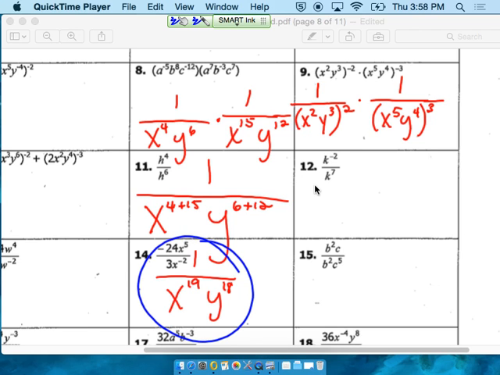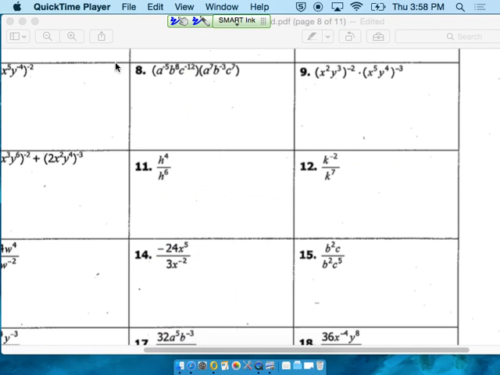I think I'm going to do that same problem over again in a different way. So this is number 9. So that's one option for number 9. Let me give you another option for number 9. You could also multiply through by the negative number first. So you could have x to the negative 4, y to the negative 6, and then x to the negative 15, y to the negative 12. And then you could add the powers together.